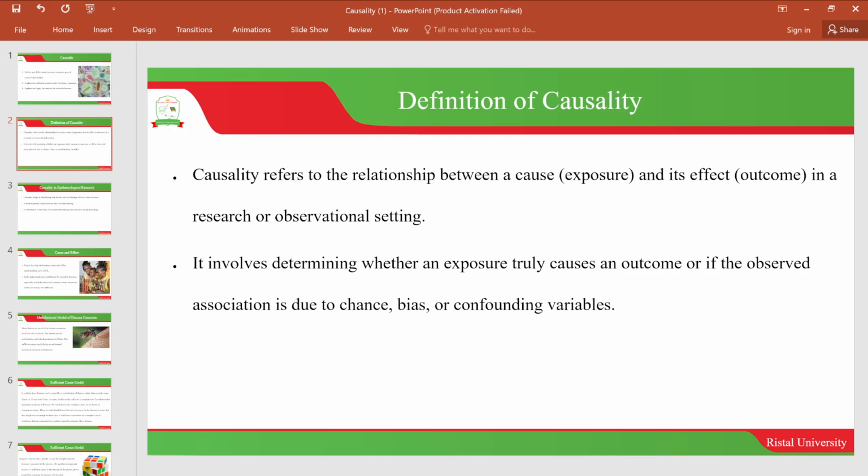It can be anything that basically impacts on an individual's health. So the relationship between that factor and the occurrence of that event, which could be someone getting cancer, someone getting hypertension, someone getting a fall, someone getting a road traffic accident, or whatever event that we are talking about.